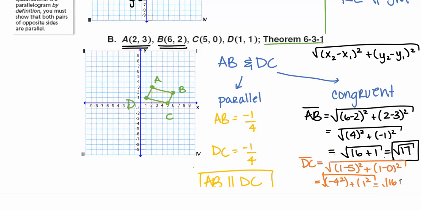Luckily, we get 16 plus 1, which ends up being the square root of 17. So now that we know these distances are the same, we can write that AB is equal to CD. So using theorem 6.3.1, we have proved that opposite sides are not only parallel, because they have the same slope, they're congruent. So that means that that has to be a parallelogram.